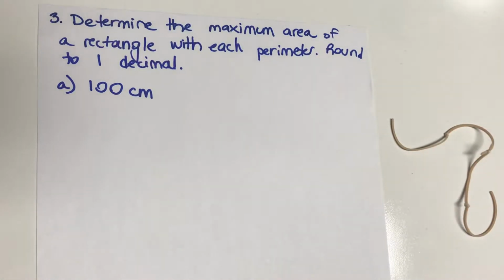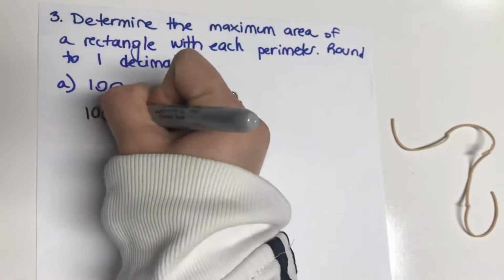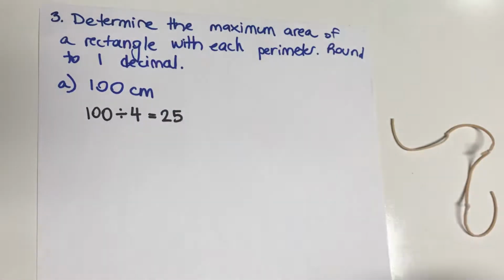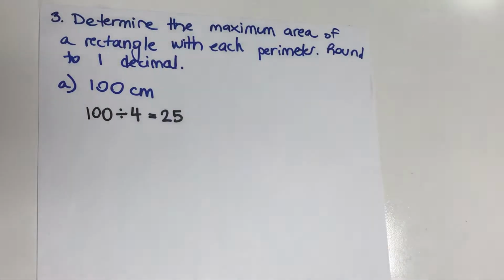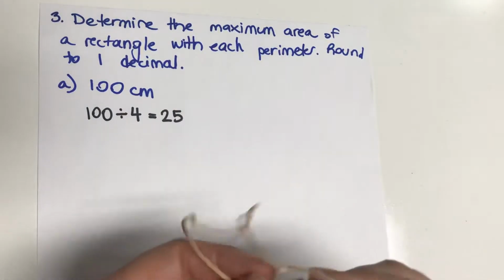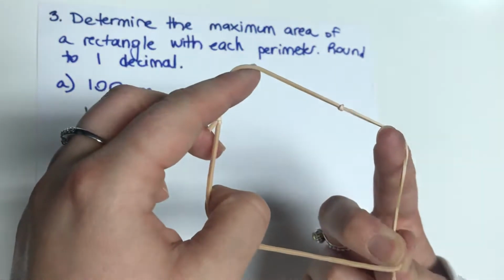So I'm going to take 100 and divide it by 4, and that gives me 25. That means for this square, all of my side lengths are going to be 25 centimeters.